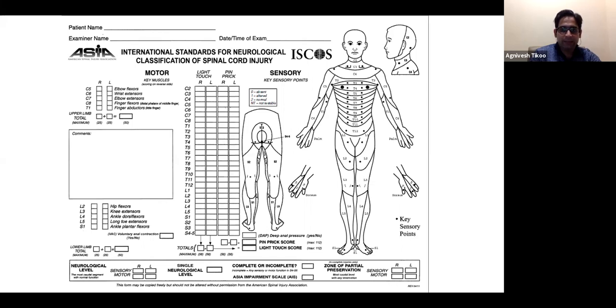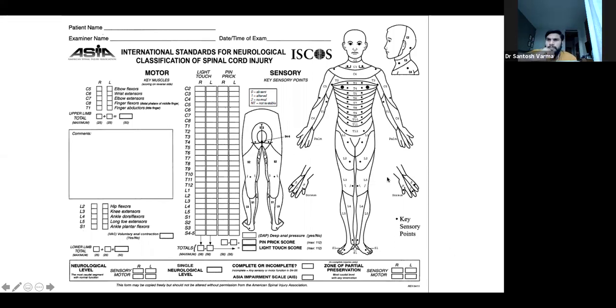If he had a cord injury at D10 level, was ASIA C or D, and has now completely recovered, you say he's ASIA E. But if the patient does not have a neurological deficit, then you do not apply this chart. Supposedly you have a patient who has a fracture, and the examiner asks you, what is the ASIA level of this patient? You reply that, sir, in this case, since the neurology is normal, the ASIA level does not apply here. So we cannot do the ASIA charting in this patient.